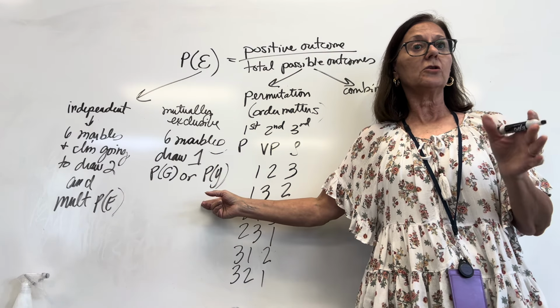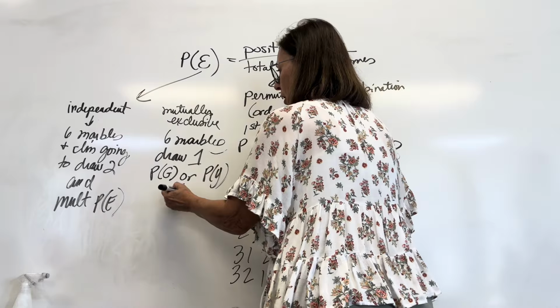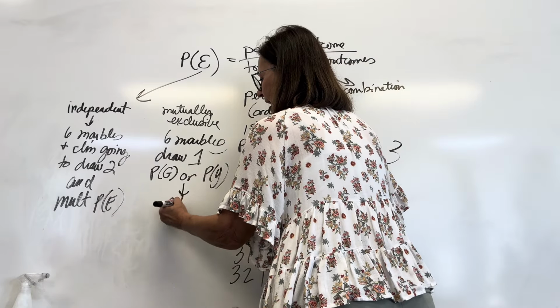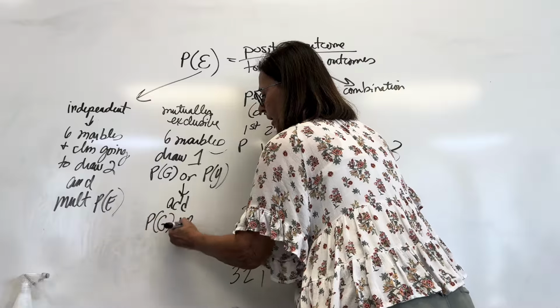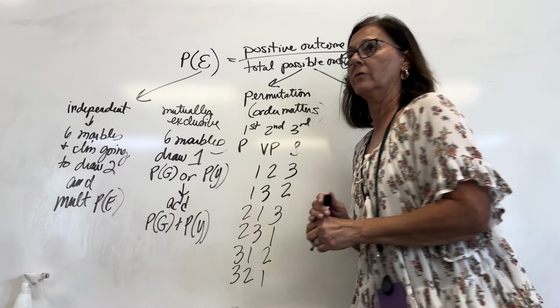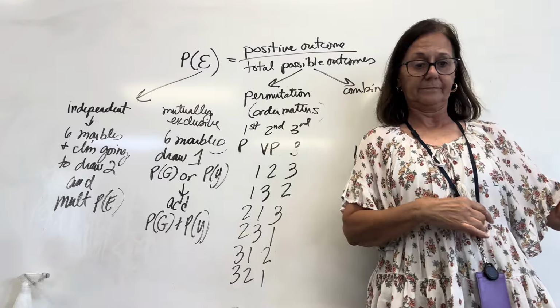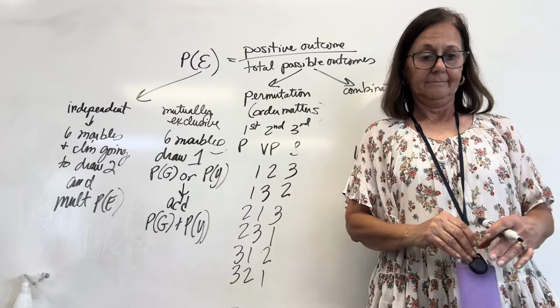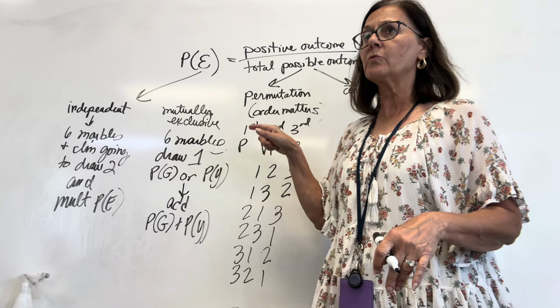That's what mutually exclusive typically looks like. And or means I'm adding, so it's the probability of a green plus the probability of a yellow. All right, so that's a quick review.